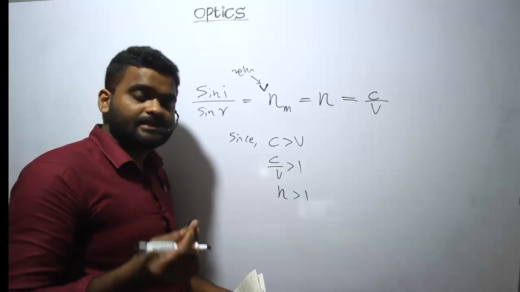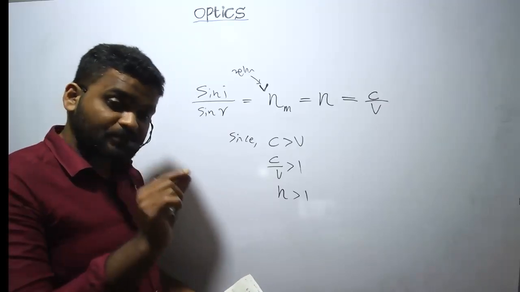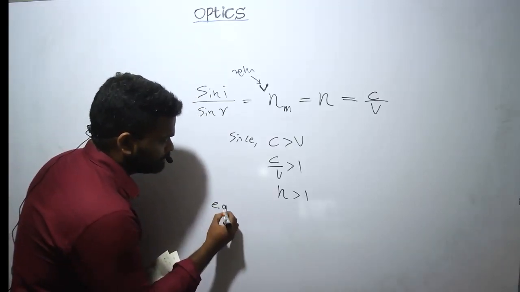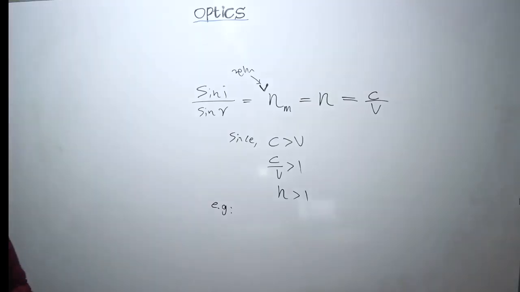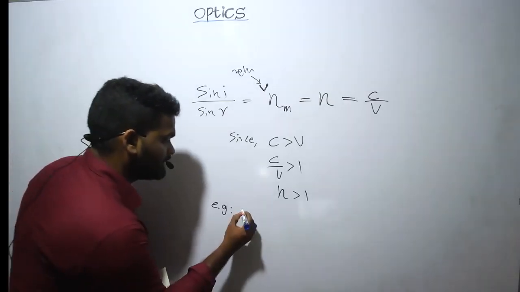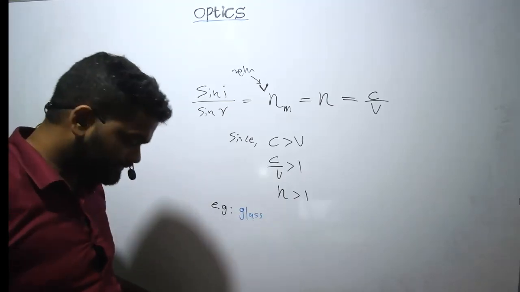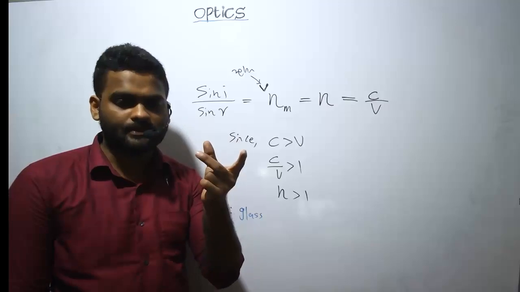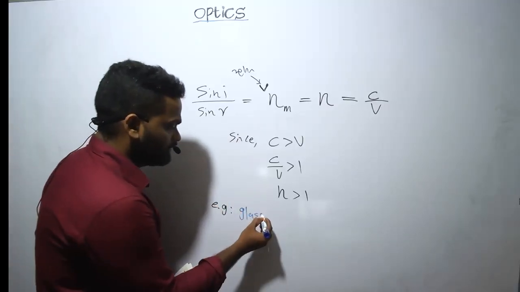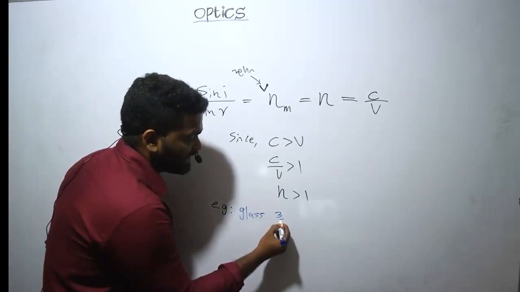Then let's consider a few absolute refractive indices for materials. So write down examples. If you think about glass, what is the absolute refractive index of glass? You have to remember this, at least for this. For glass, refractive index is 3/2 as a fraction.